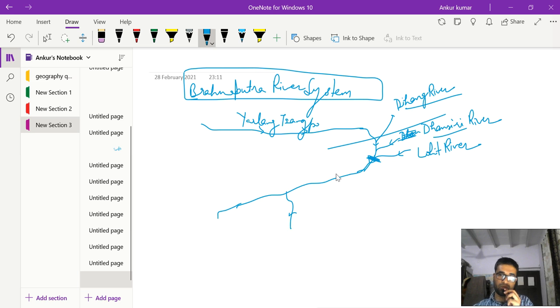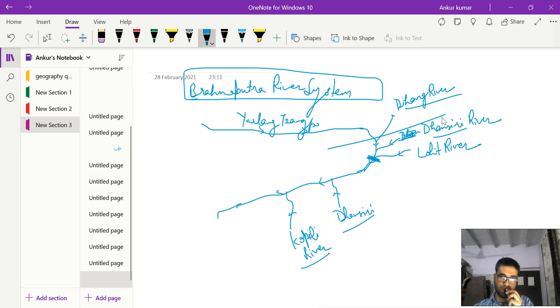And two more left bank tributaries of Brahmaputra. One is the Kopili. This is Kopili River, right? And here you have Dhansari River. Sorry, not Dhansari. Yes, this is Dhansari, and this is not Dhansari River.